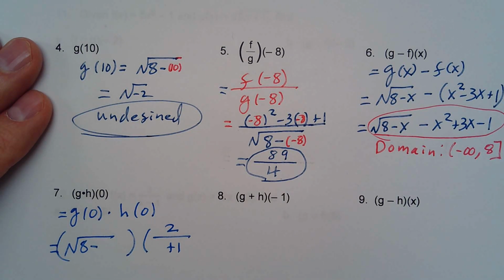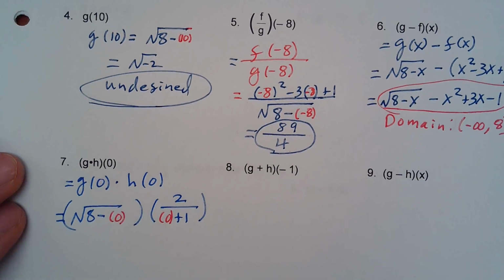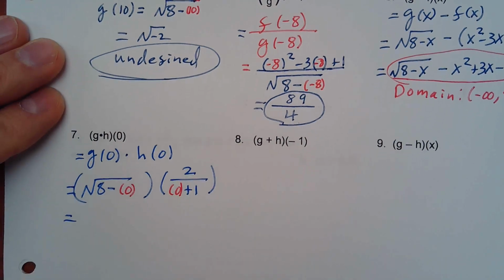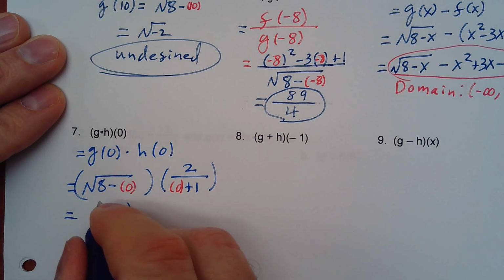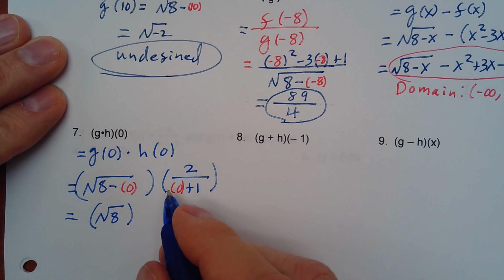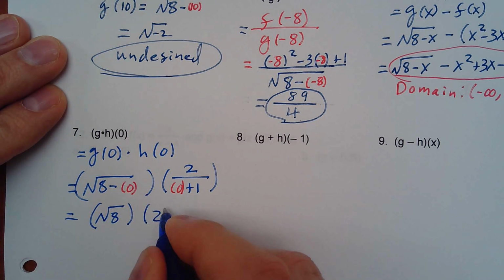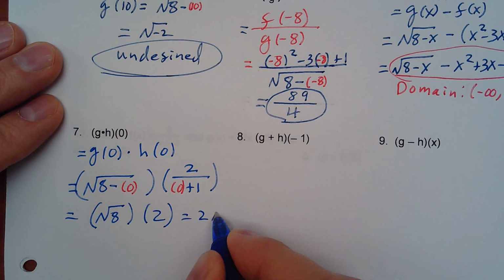So I'm plugging in 0. Looking at this first one, that's just the square root of 8. Looking at the second one, that's going to work out to be 2. And we can rewrite that as 2 square root of 8.